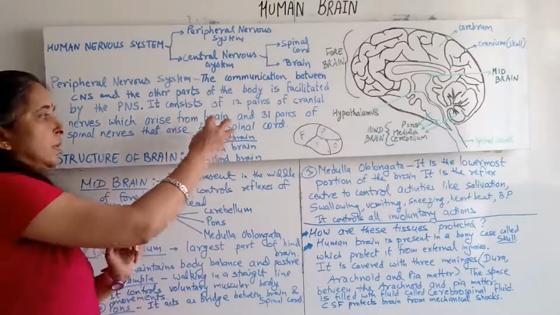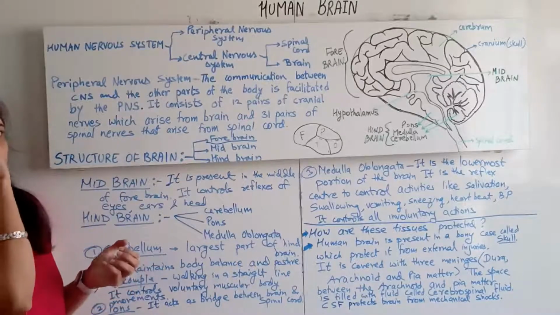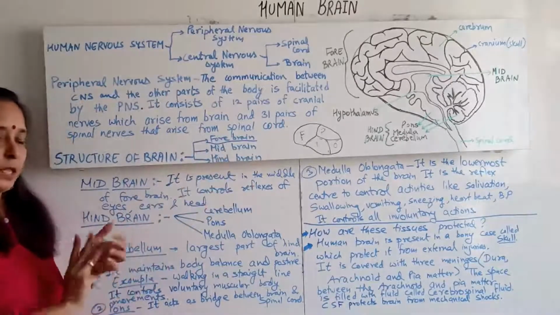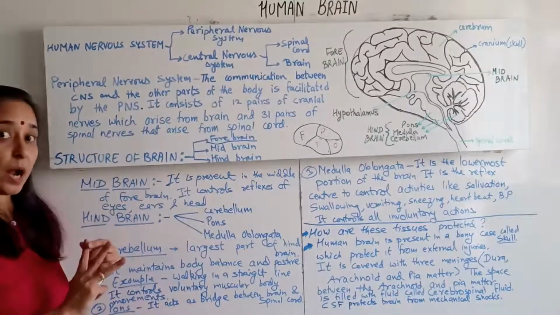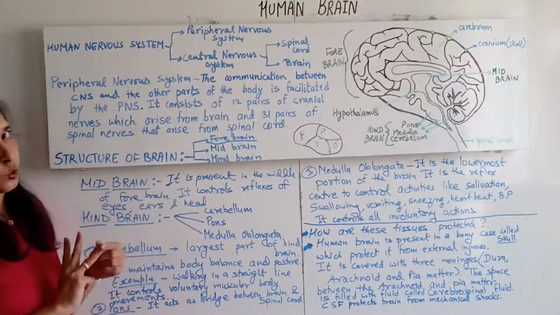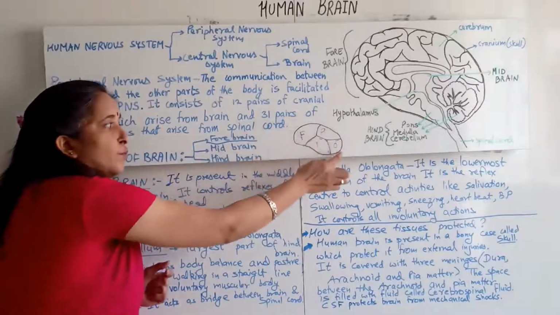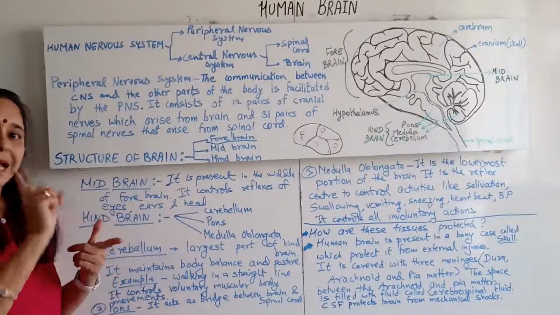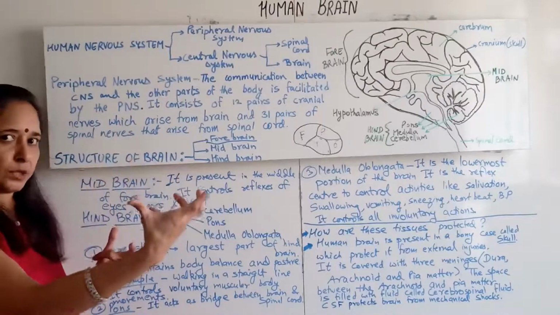Right? So in this way we have studied the structure of the brain, which is divided into three parts: forebrain, midbrain, hindbrain. Then the forebrain is again divided into three parts: cerebrum, thalamus, hypothalamus. The cerebrum is again divided into four lobes: frontal, parietal, occipital and temporal lobe. Then we studied the thalamus and hypothalamus.